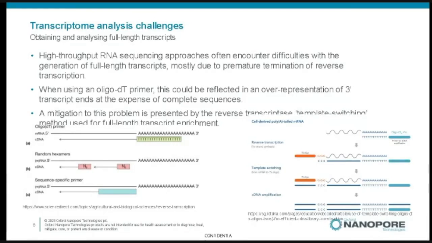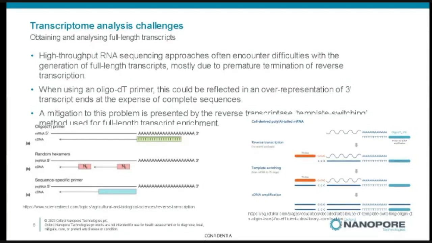Therefore, a mitigation to this problem is to use a template switching method, or a template switching oligo, as shown in the picture on the right. As a characteristic of the reverse transcriptase, it will leave a CCC overhang, shown in the picture. We have a template switching oligo that ends with a triple G that binds to the CCC.